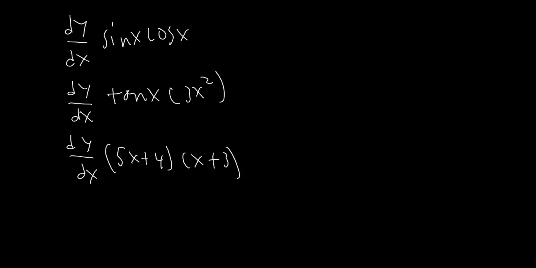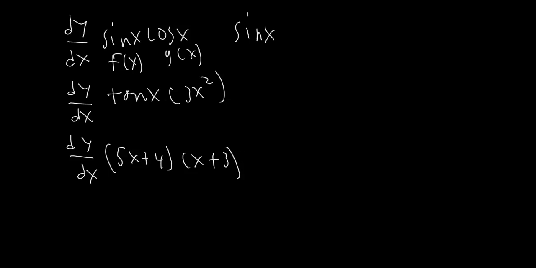For the first one, again, I'll use the f of x and g of x method to make it easier to solve. If you write down sine of x times cosine of x, that would be wrong, because the product rule states that it should first be f of x times g prime of x.